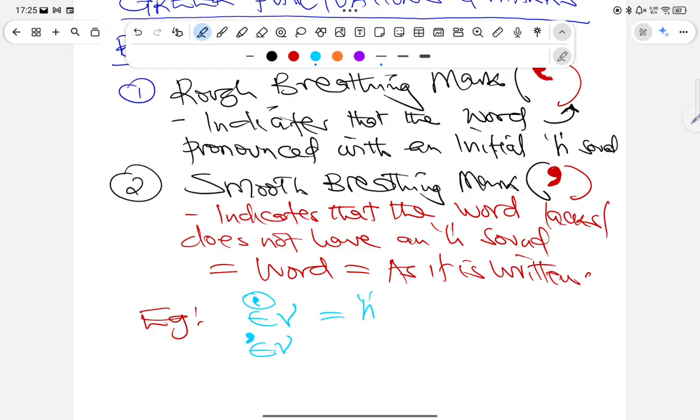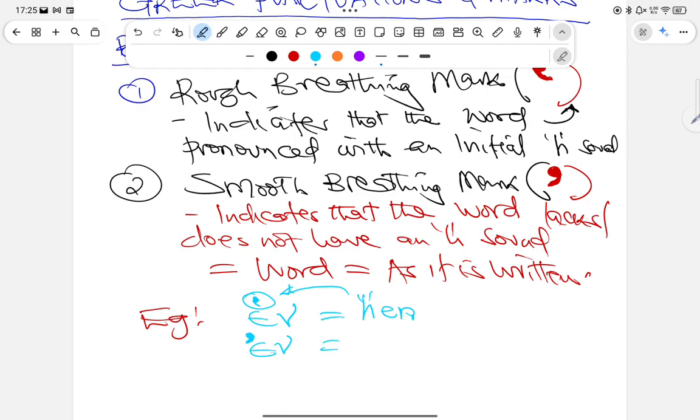Now we interpret this next word, which is epsilon nu. Literally, this word with the rough breathing mark is pronounced "hen," like a hen, like you're talking about a chicken. The presence of the H here is given to us by the presence of this rough breathing mark.